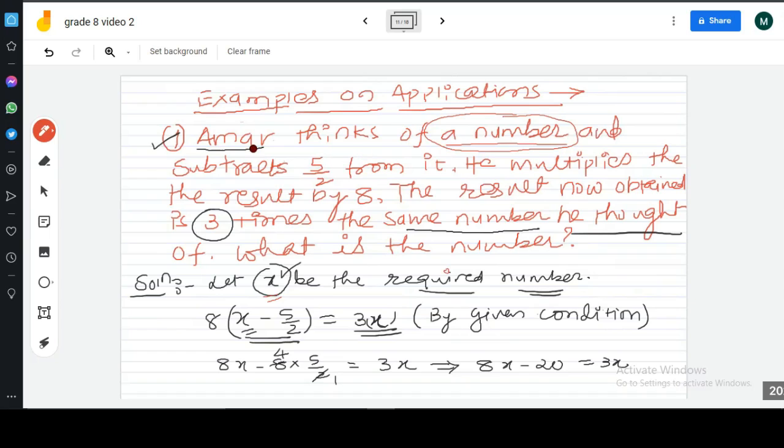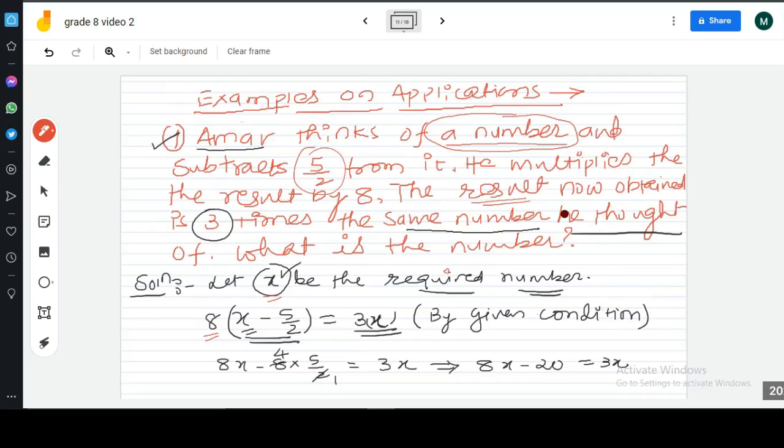So what are the conditions given? Amar thinks of a number and subtracts 5 by 2 from it. So x minus 5 by 2, and he multiplies the result by 8. Whatever this difference is, it is multiplied by 8, so the left side is 8 times x minus 5 by 2. And what does the example say again?